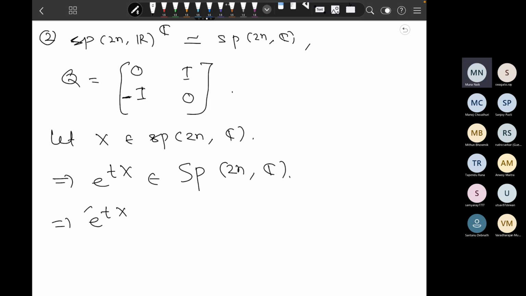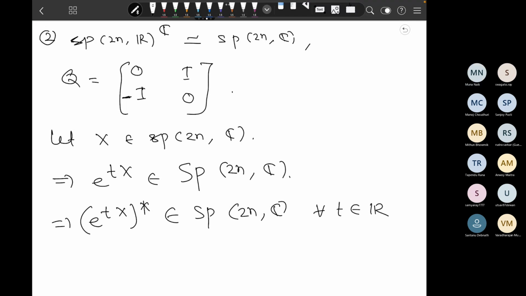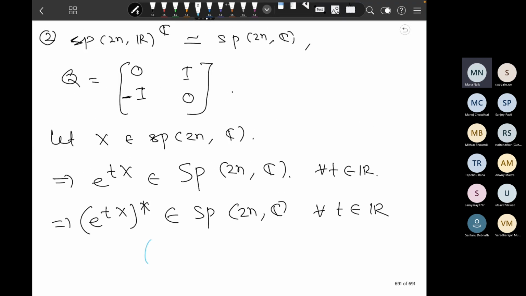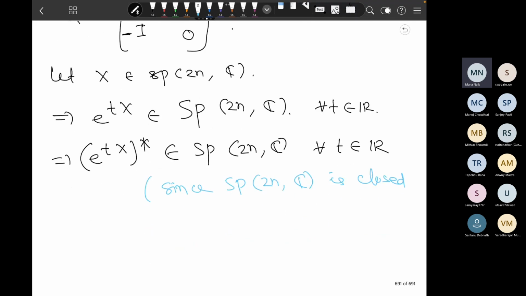So e to the power tX star belongs to Sp(2n,C) for all t belongs to R, since Sp(2n,C) is closed under conjugate transpose.